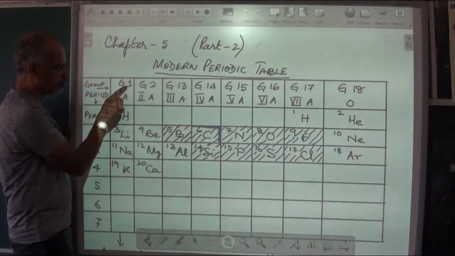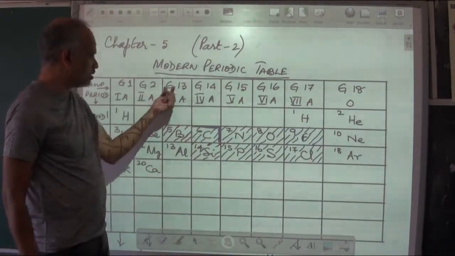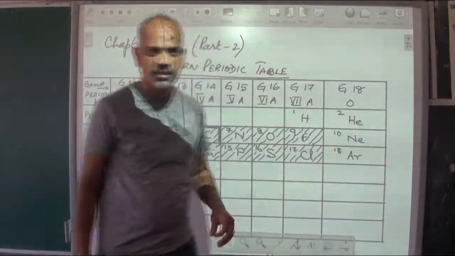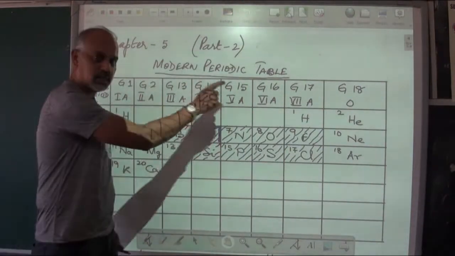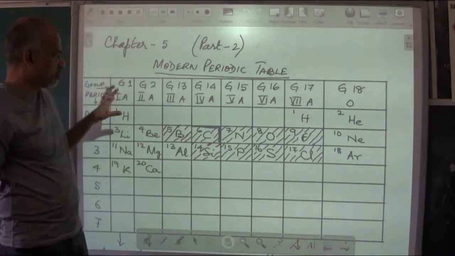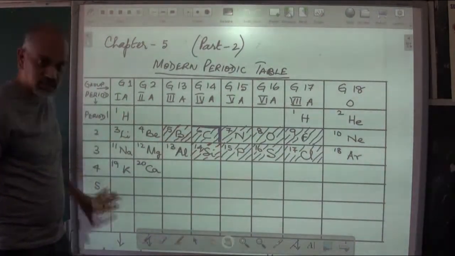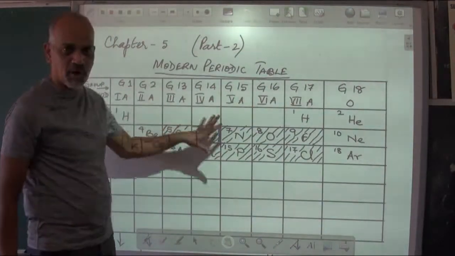That's group 1, group 2, I have left out 3, 4, 5 and so on. Next is group 13, 14, 15, 16, 17 and 18. There are 7 periods and 18 groups. But you are not going to learn everything now, so that's why I said this is the shortened version of the modern periodic table.